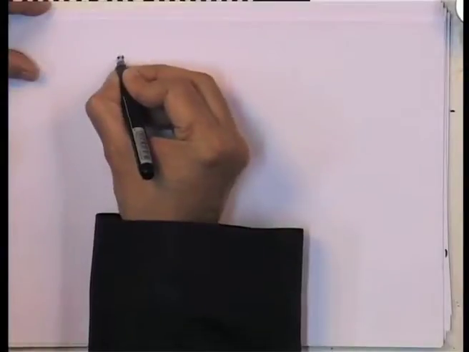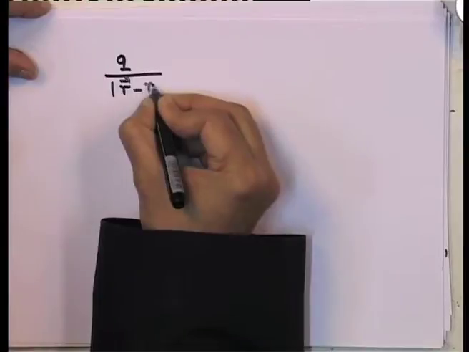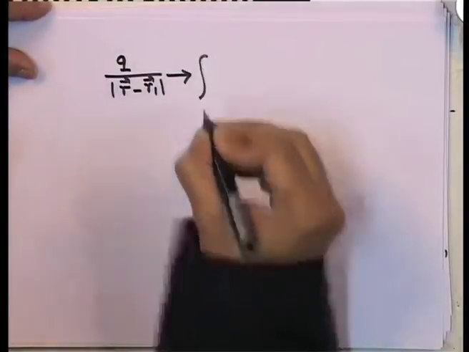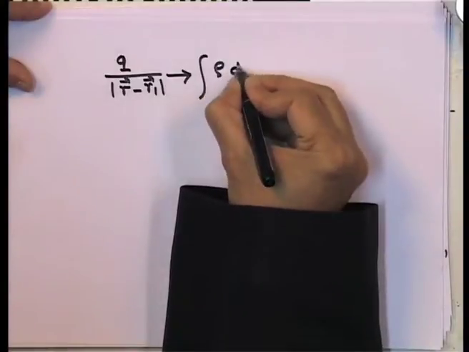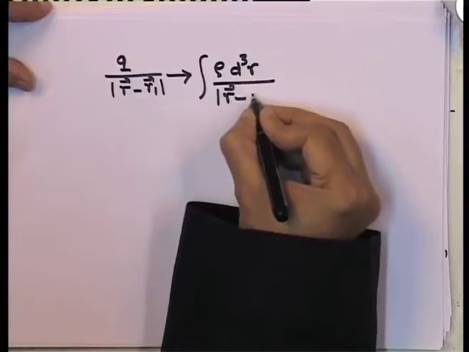So, when we did discrete charges, we went over to continuous charge distribution by making a prescription that q over modulus of r minus r1, for example, we change this to rho dq bar over modulus of r minus r1.